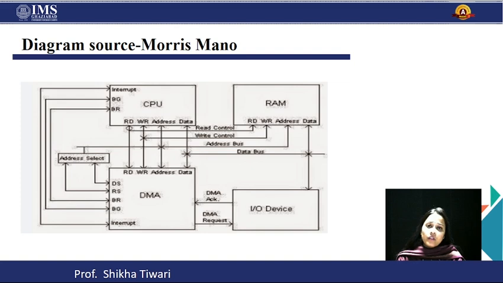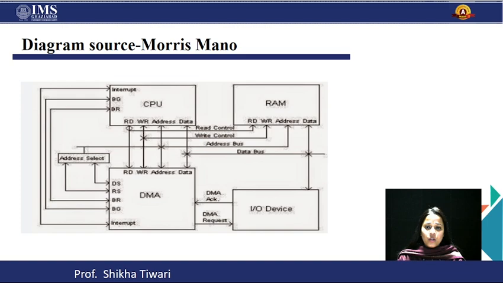Then we will let the CPU free and DMA will take over the control of the buses, and with the help of read control, write control, address bus and data bus, DMA and RAM, that is memory, and input output devices will communicate. When the DMA gets the control of the buses, the DMA also acknowledges the input output devices that now I have the control of the buses. Now you can communicate with the memory with the help of me. Me here is DMAC, that is direct memory access controller.